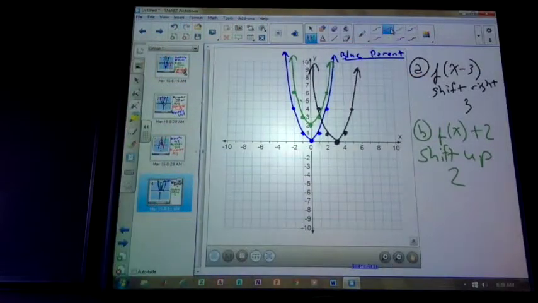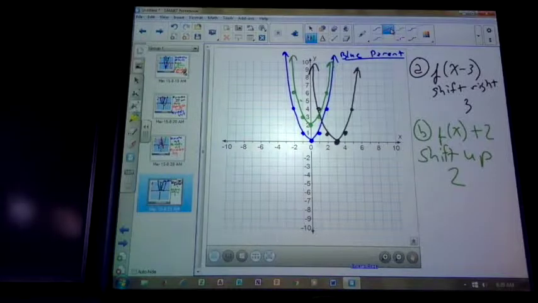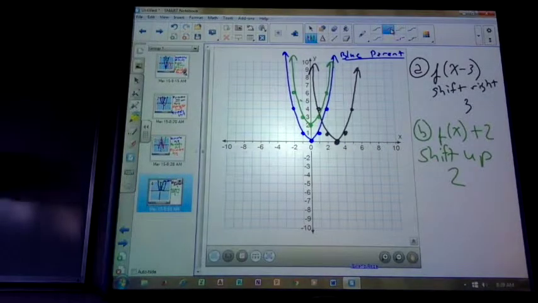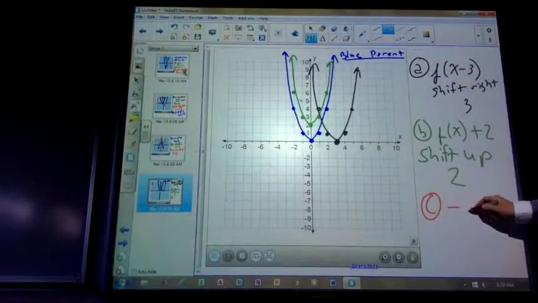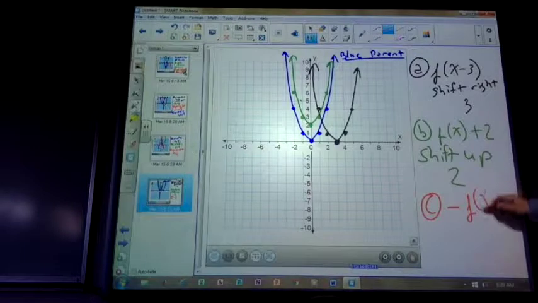All right. Let's see. What else can we do here? Letter C says negative f of x. Let's see. What happened on this one?